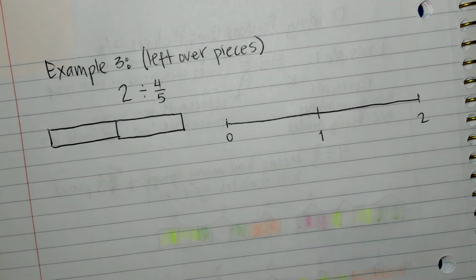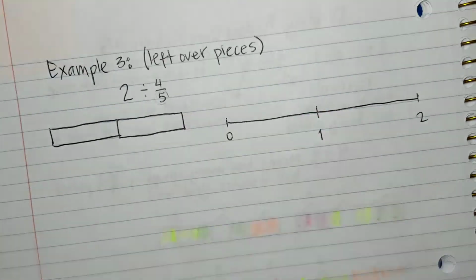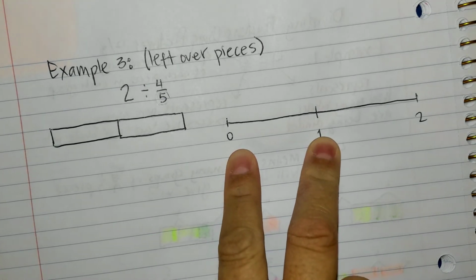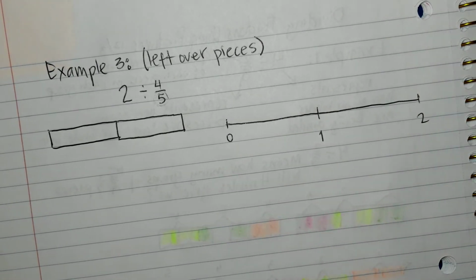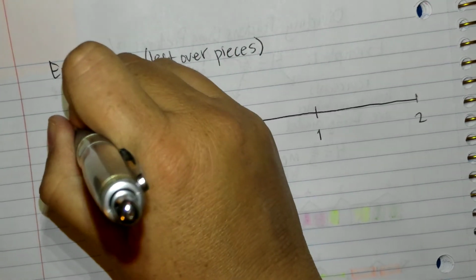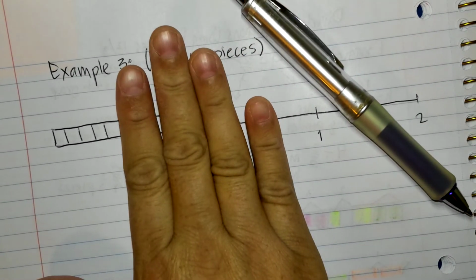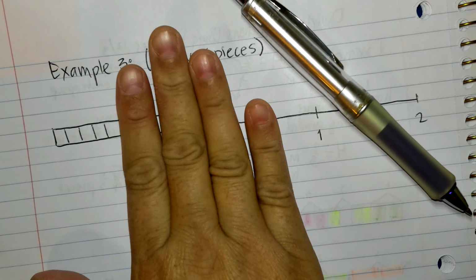And this means that I have to cut my wholes into pieces of 5. So each bar and each number, I'm going to make 4 cuts. And remember, 4 cuts gives me 5 pieces.